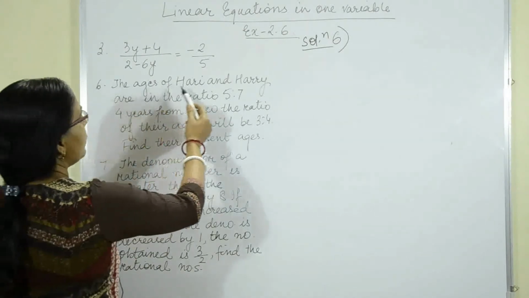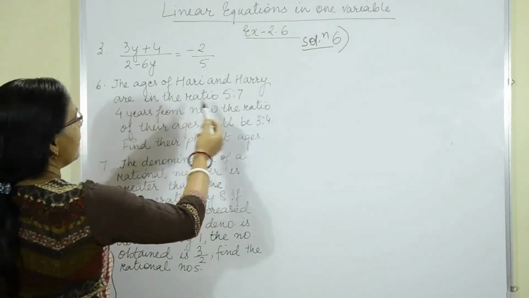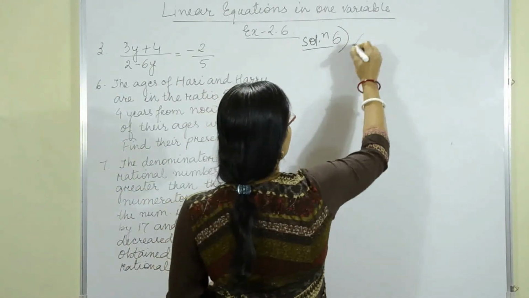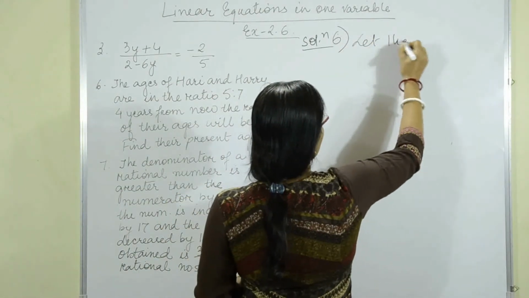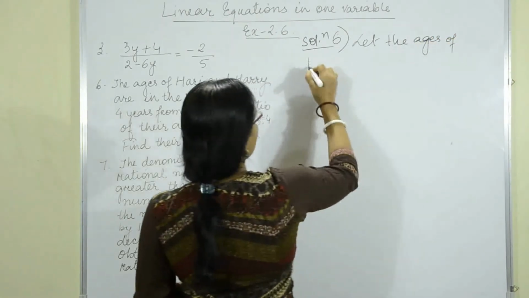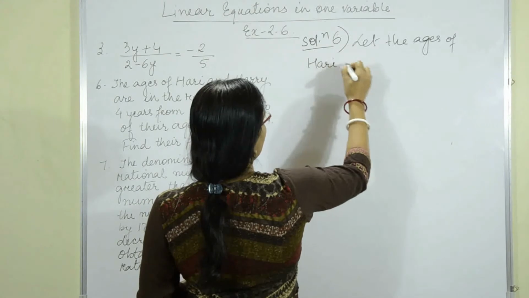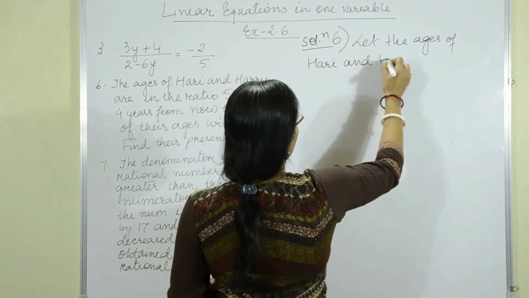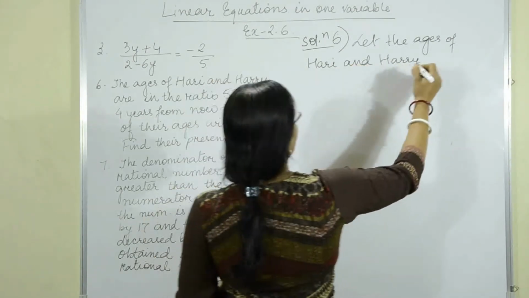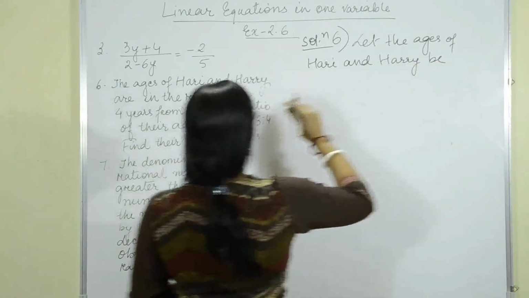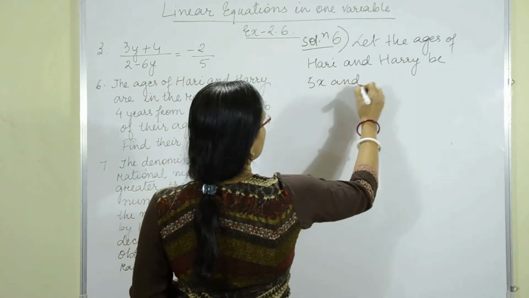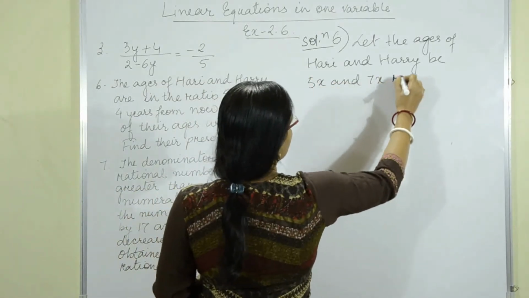So, what is the first step? The ages of Hari and Harry are in the ratio 5:7. So, all we can do is let the ages of Hari and Harry be, since it is given 5:7, I write 5x and 7x respectively.